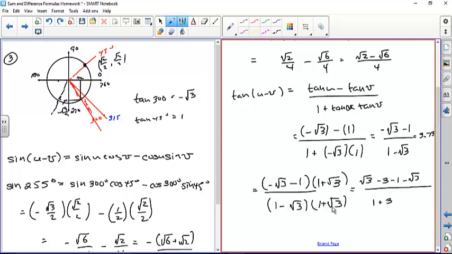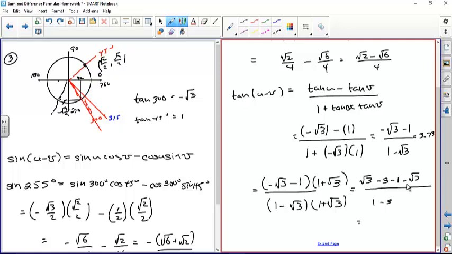Negative the square root of 3 times positive the square root of 3 is, actually, it's negative. Because I get 1 minus 3, which is, I get that. And so in the numerator, I get 4. That's not working out right.